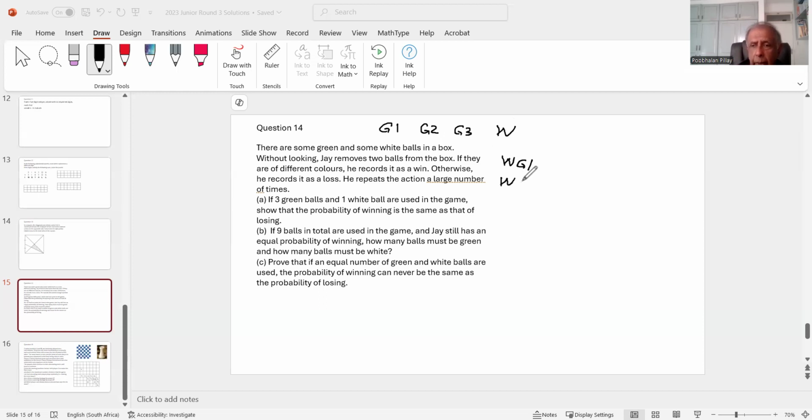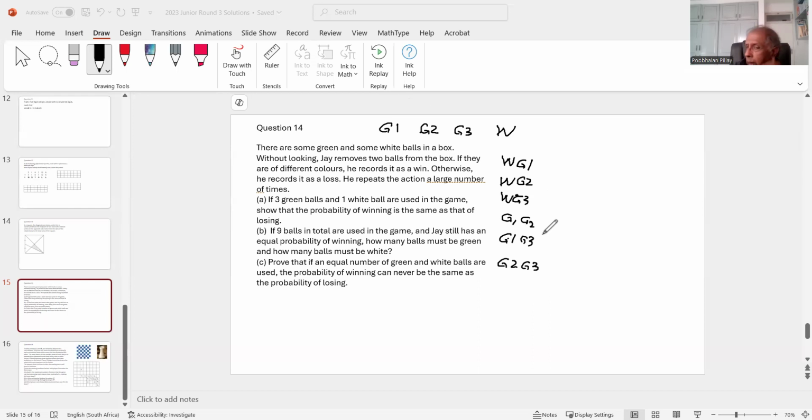You can take out white and G1, white and G2, and white and G3. Could be any one of the three balls. Or you could take out G1 and G2. You could have taken out those two green balls, or you could have taken out G1 and G3. Right? Those are two different balls. Or you could have taken out G2 and G3. Those are only three possibilities.